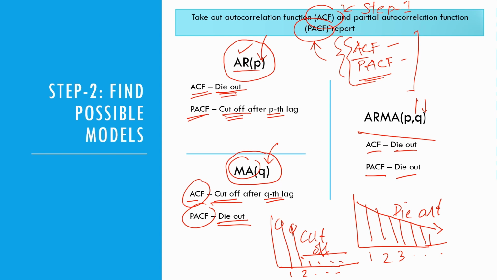If it is an MA model, then this cutoff behavior will be found in the ACF graph, and this dying out will be found in the PACF graph. And for an AR model, it is the completely reverse situation. Again, I am saying you don't have to calculate anything here. ACF and PACF very easily can be taken out from the software. So in case of ARIMA models, you don't have to do anything manually.